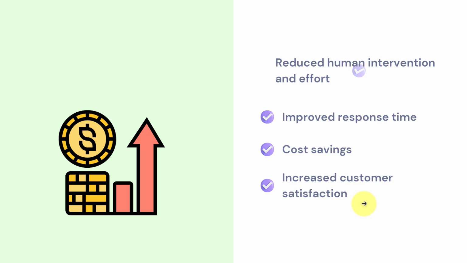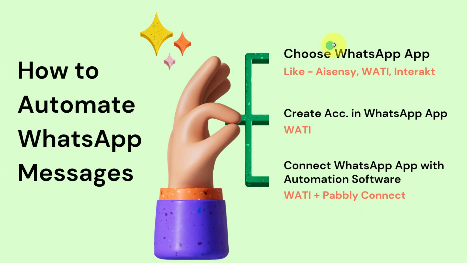Now, how one can automate their WhatsApp messages? So firstly, you will have to choose a dedicated application for sending the WhatsApp messages like ASNC, Vati, Interact, etc. And that application should have the access of official WhatsApp business API. Once the application is finalized, create an account in that WhatsApp application. Now, how you can do that?